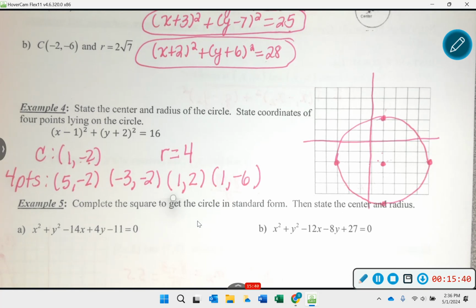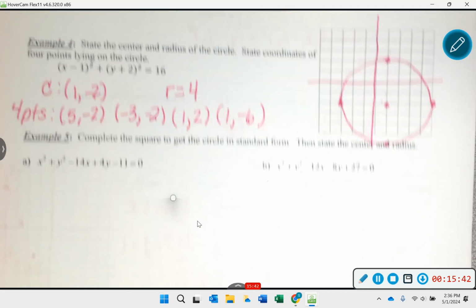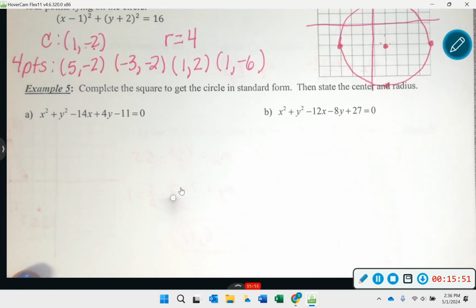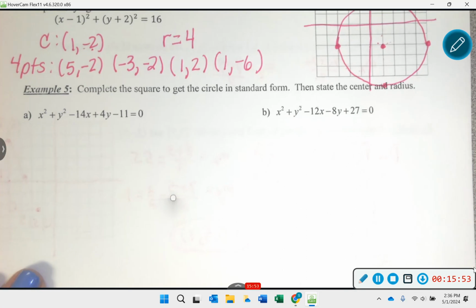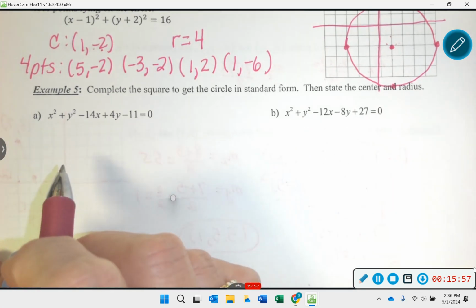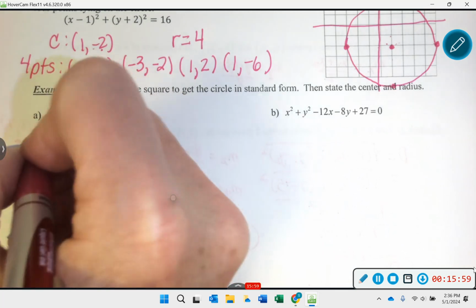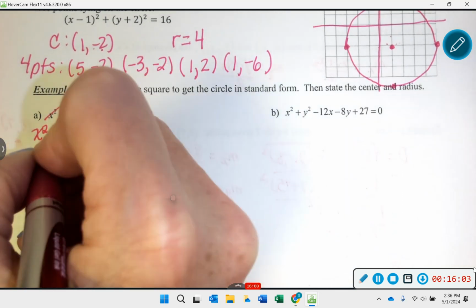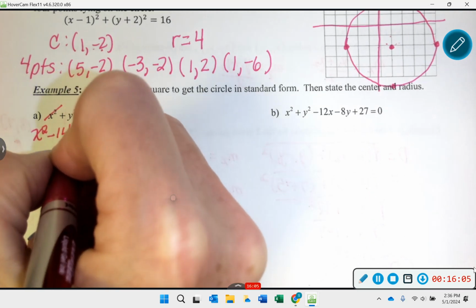Okay, good. All right, last couple things here. Next, it says that we want to complete the square to get the circle into standard form. Okay, we did completing the square earlier in the year, but it's been a while. So I'm going to put my x's together. Here's a next term, here's a next term. They go together.